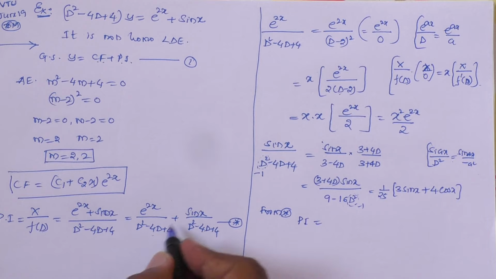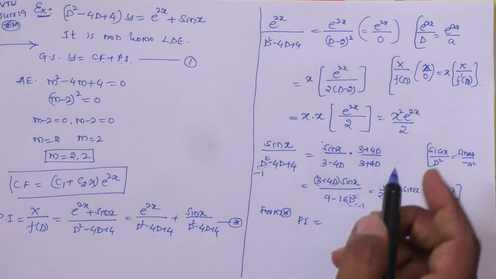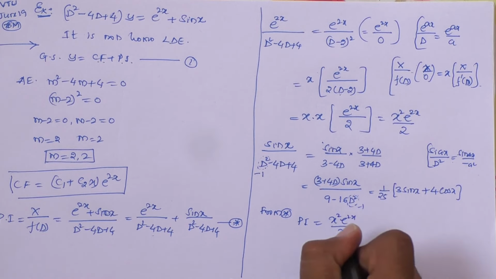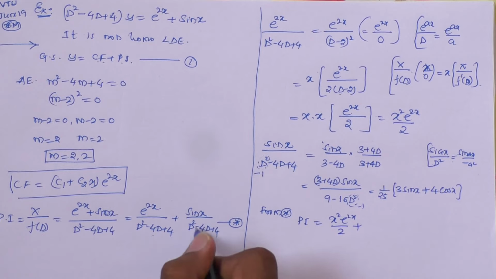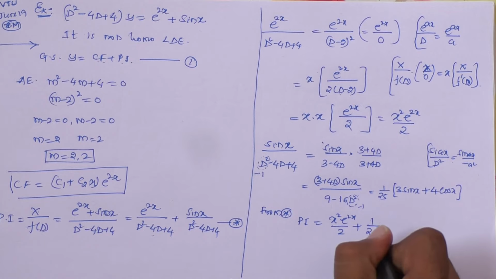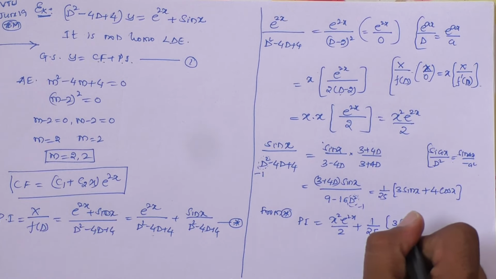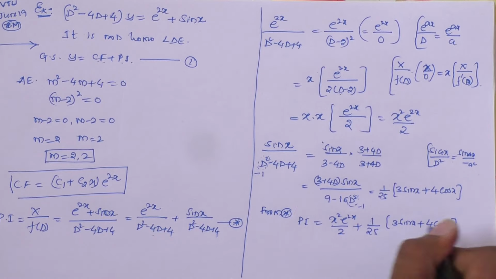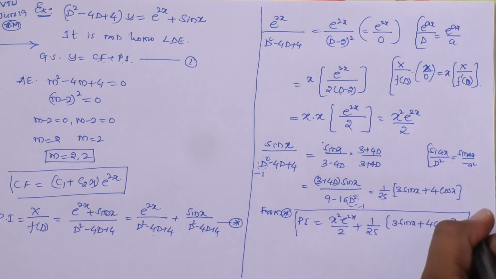The first term is x square e raised to 2x by 2 plus, the second term, the sin term simplification, is 1 by 25 into 3 sin x plus 4 cos x. So this is the final particular integral.